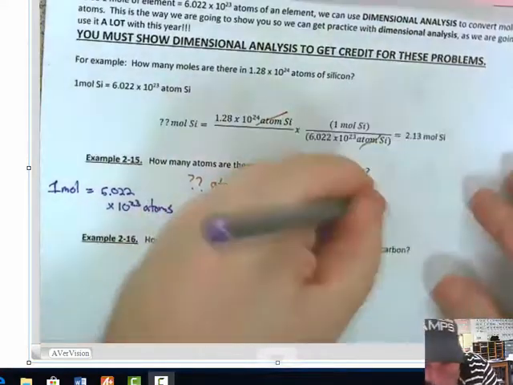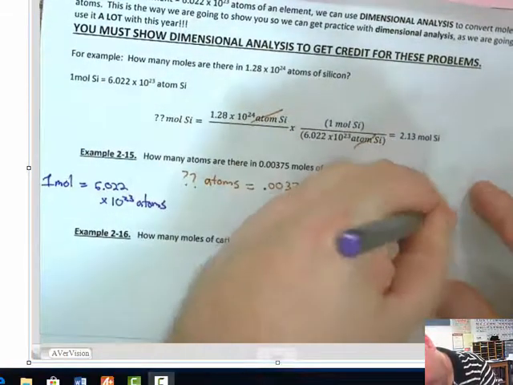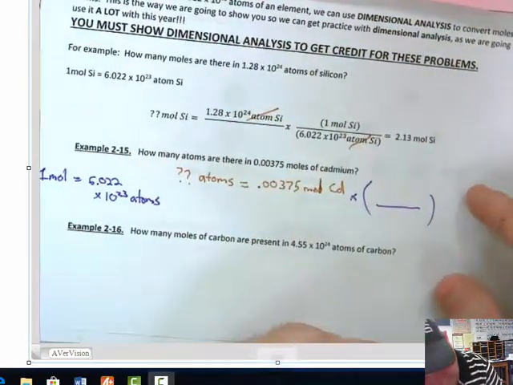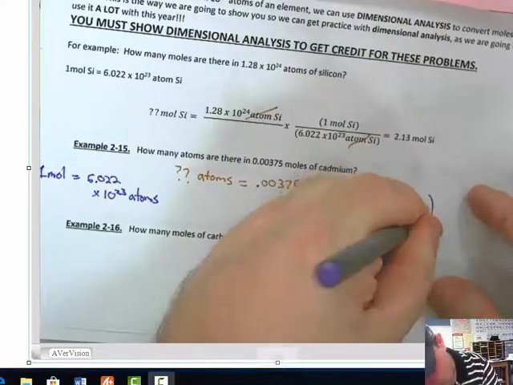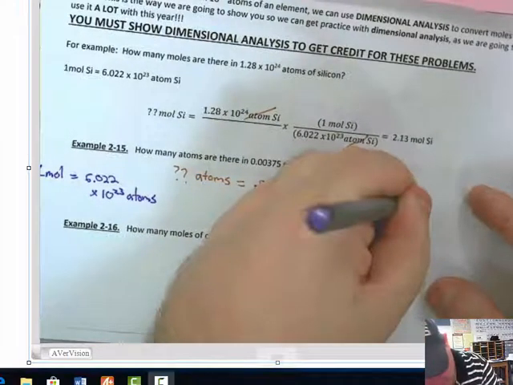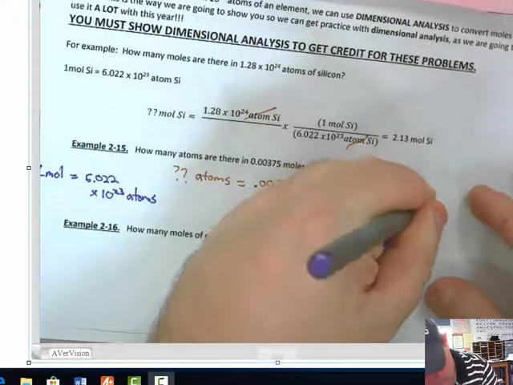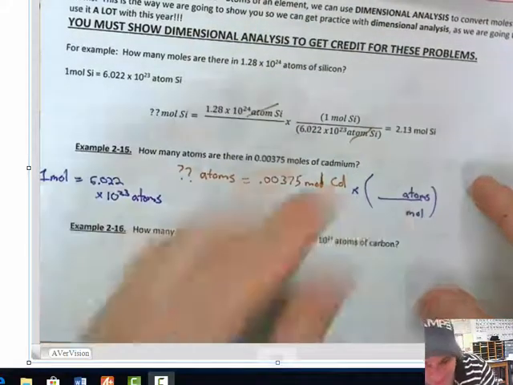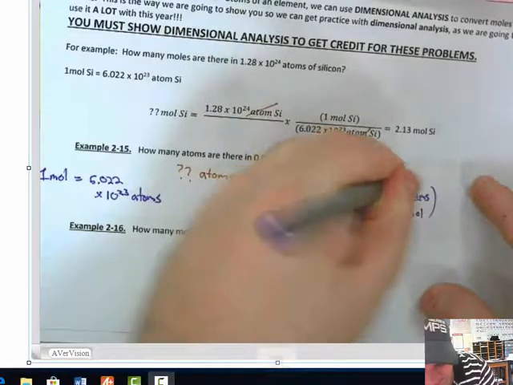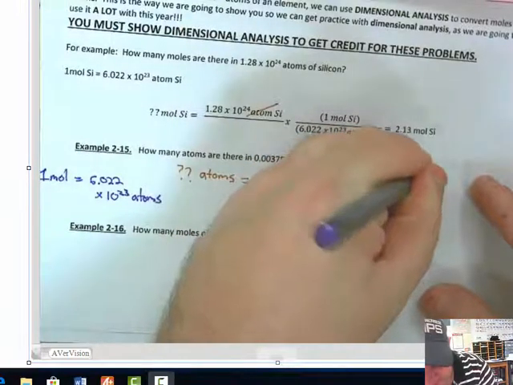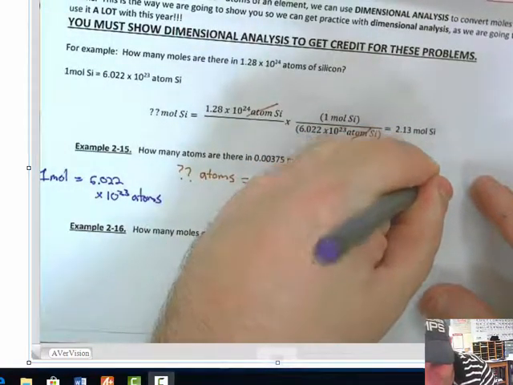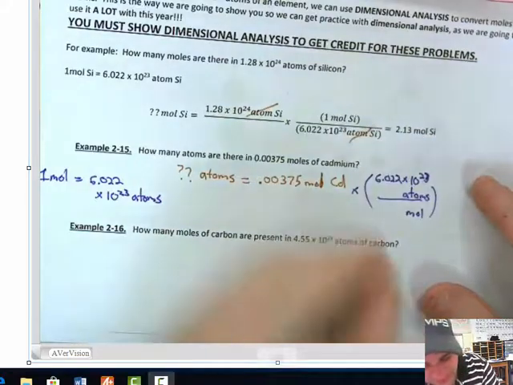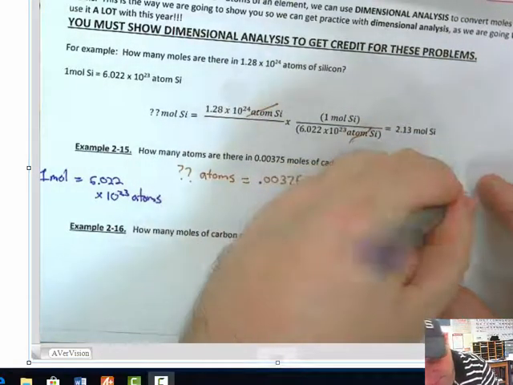Okay, so this is a one-step problem here. Moles on the bottom, atoms on the top. What does my conversion factor say about atoms? 6.022 times 10 to the 23rd atoms. And it says 1 mole.